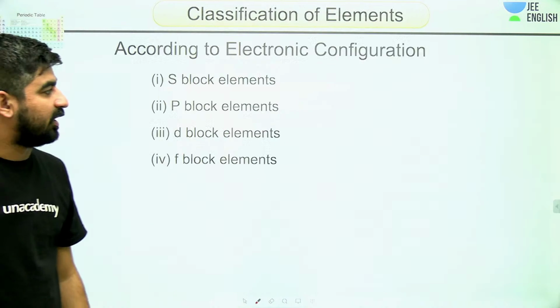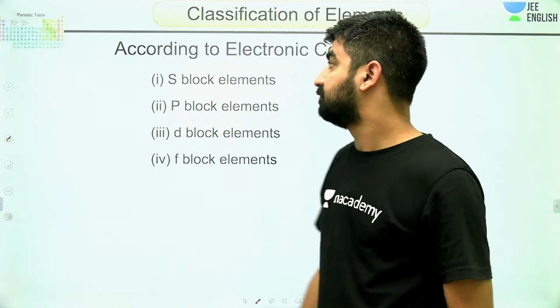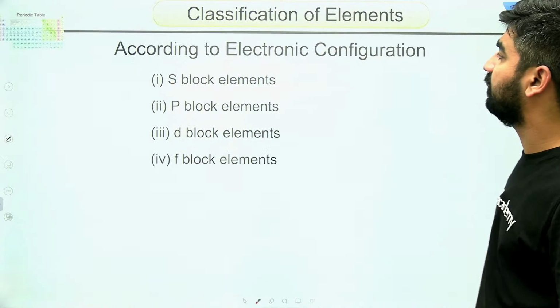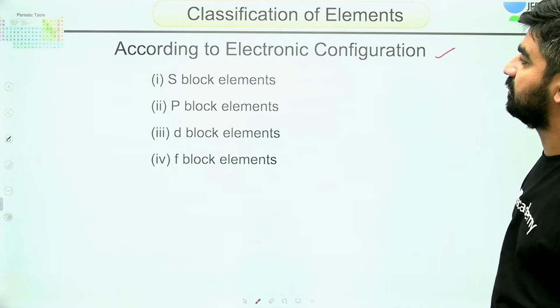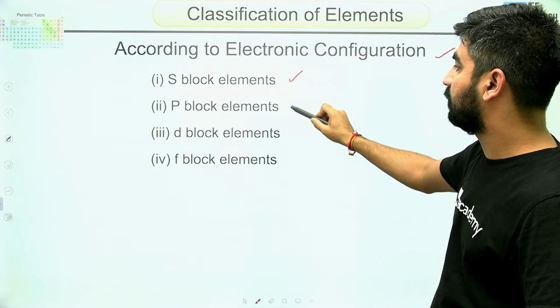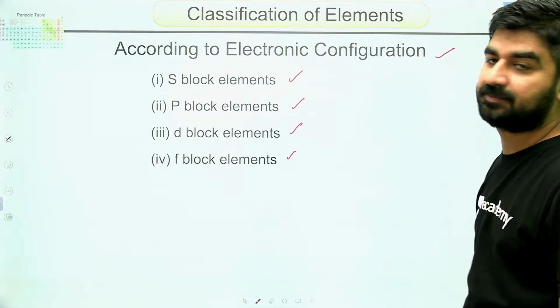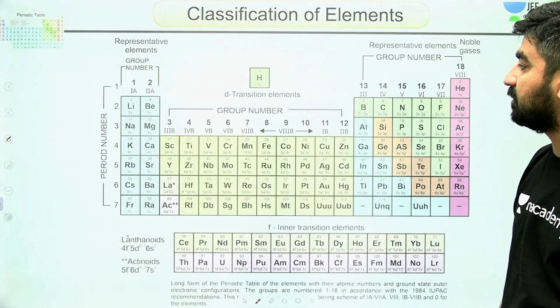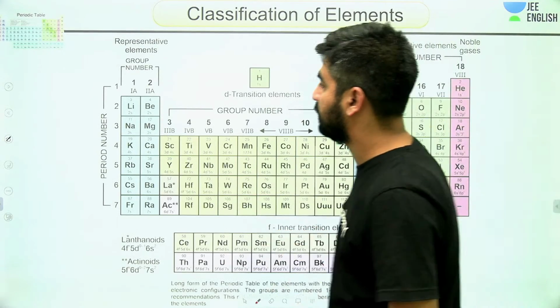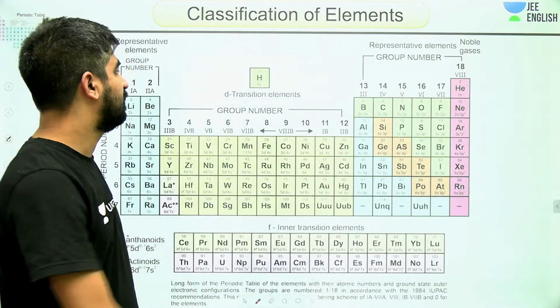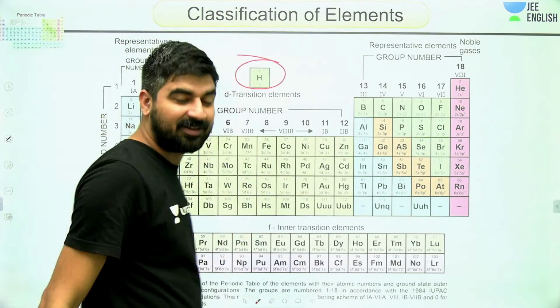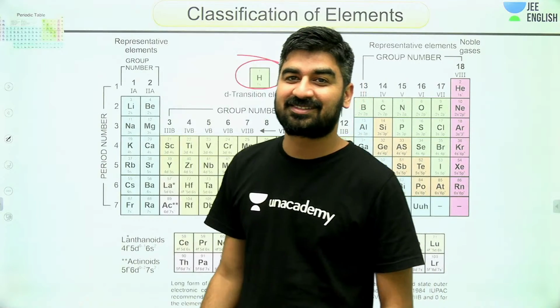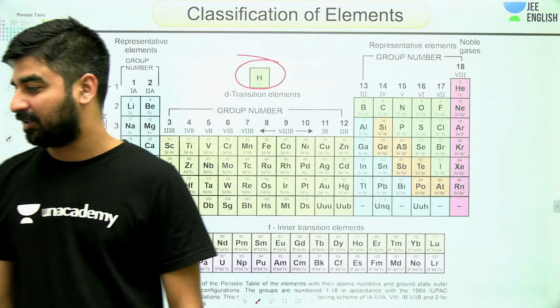Okay, so guys, again, classification of element according to electronic configuration: your element can be S block, P block, D block and F block. So what are S block elements? These are the configurations. I'm placing hydrogen in the middle because it was a drawback of the modern periodic table.